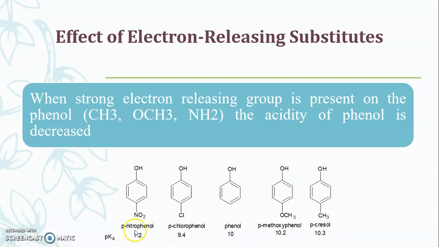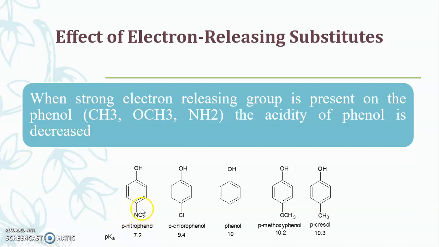As we know, the lower the pKa value, the more acidic that particular compound is. So if we compare the pKa values here: 7.2, 9.4, 10, 10.2, 10.3. We can see that the pKa value of para-nitrophenol is 7.2, which is very low compared to all these compounds. So para-nitrophenol is more acidic.